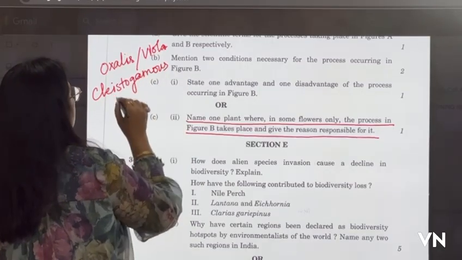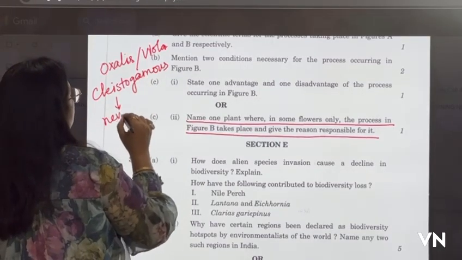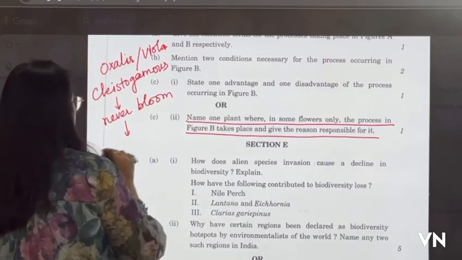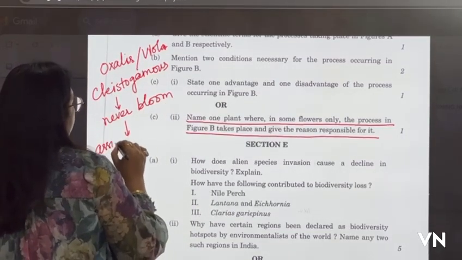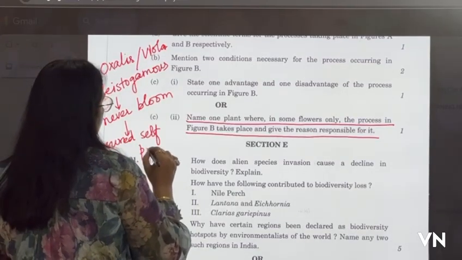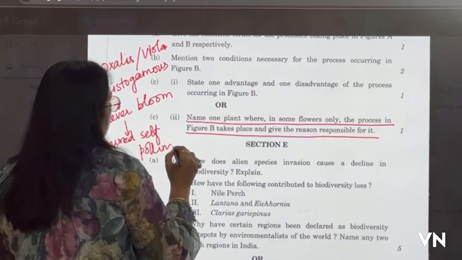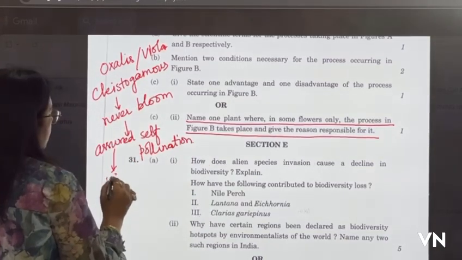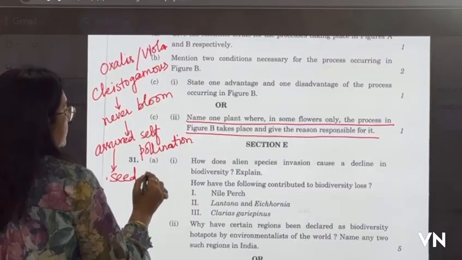Cleistogamous flowers are those which never bloom. And in them, there is assured self-pollination, which gives rise to assured seed set.